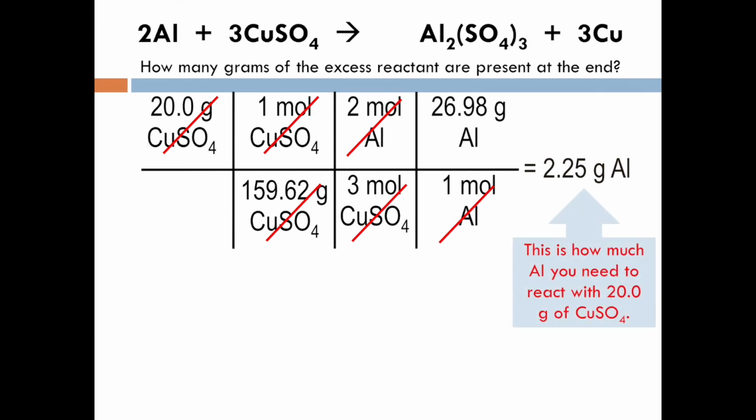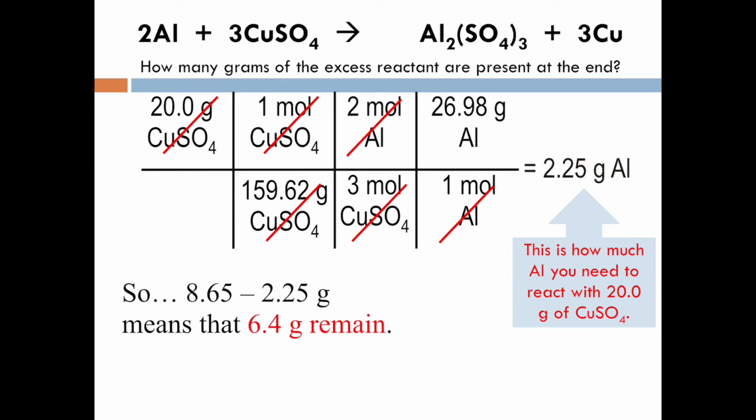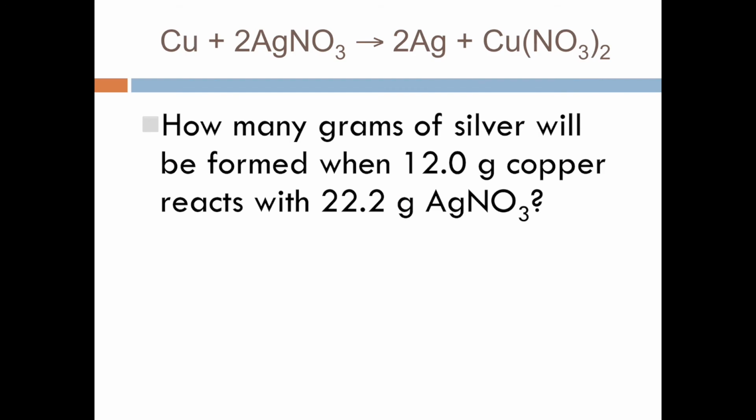In the problem, that is how much I need to react with 20 grams of CuSO4. I started with 8.65. I used 2.25 grams of aluminum, and that means that 6.4 grams remain or are present at the end. Last example, pause it and try it on your own if you want.